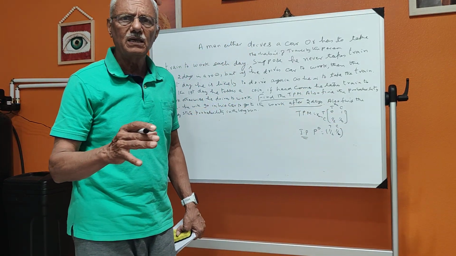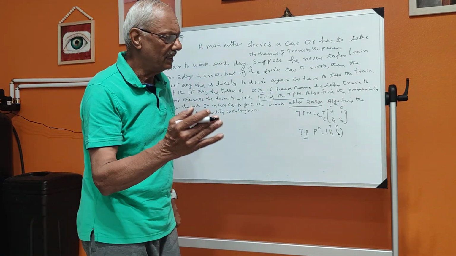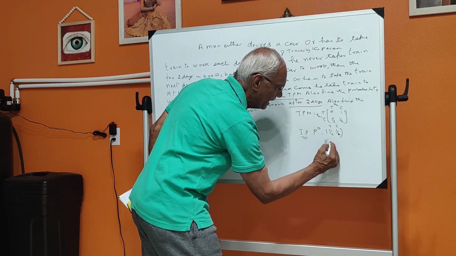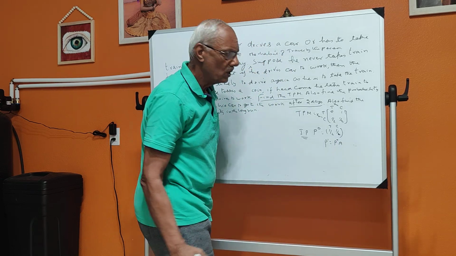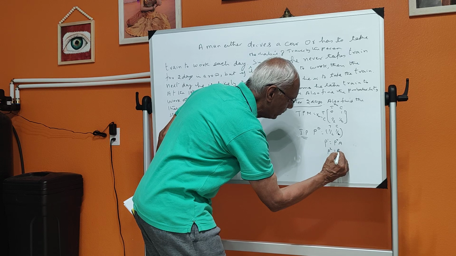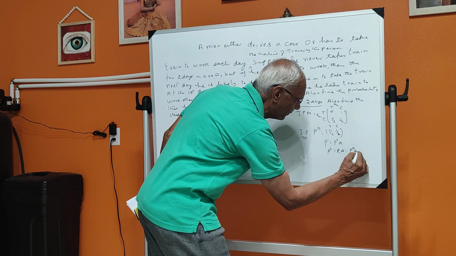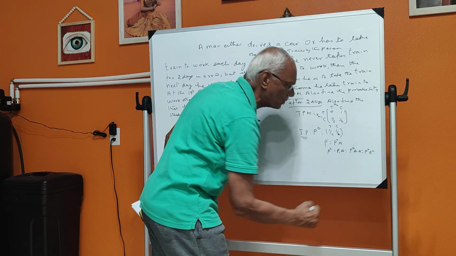Now, this problem was done by taking only these two into consideration, and we worked it out like this: the first day is nothing but P0 of A, and the second day is P1 of A, that is nothing but P0 of A into A, that is equal to P0 of A square.